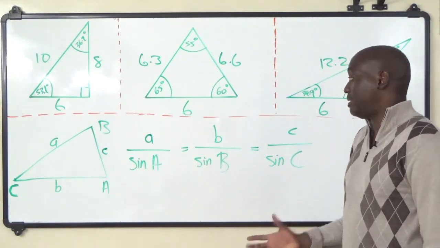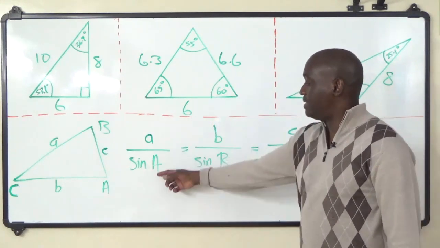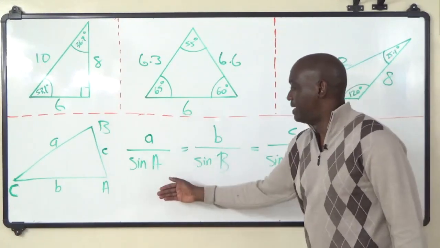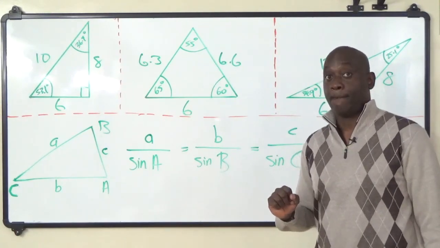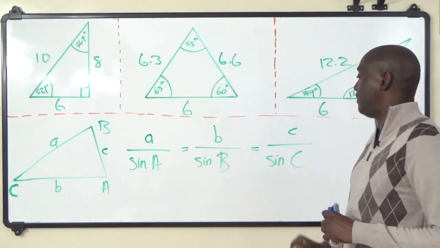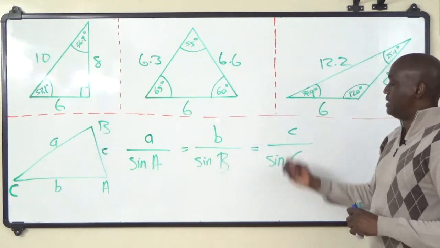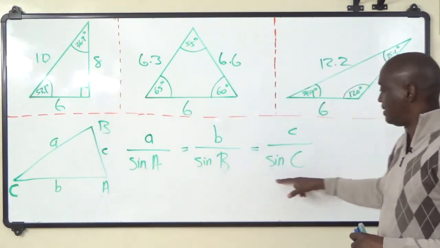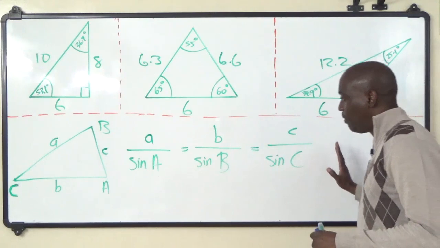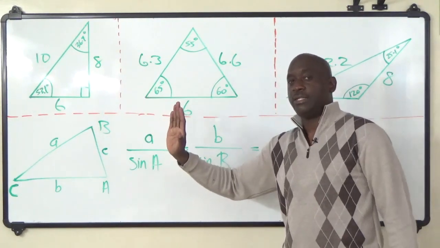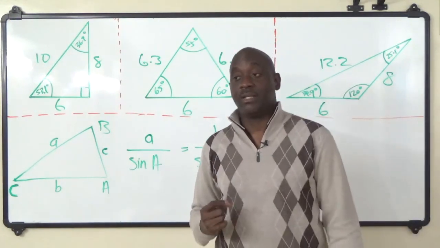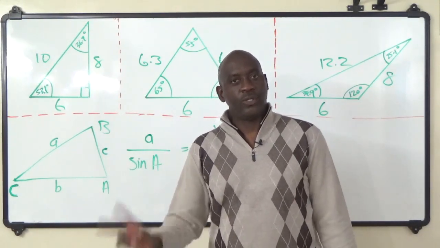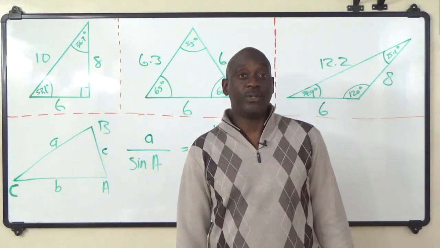So you might have the question set up in such a way that you have to say a over sine A is equal to c over sine C. Or you might have to say a over sine A is equal to b over sine B. Or you might have it set up in a way where you have to say that b over sine B is equal to c over sine C. So even though the general law itself is expressed as an equality of all three ratios, in terms of practically working out the question itself, 99 times out of 100, you wouldn't need more than two at any one time.